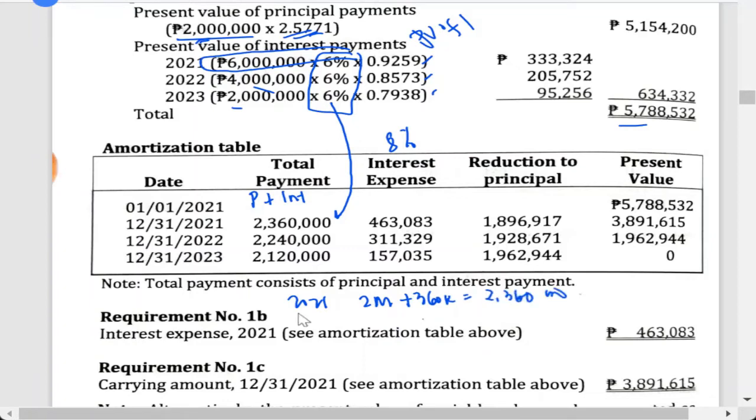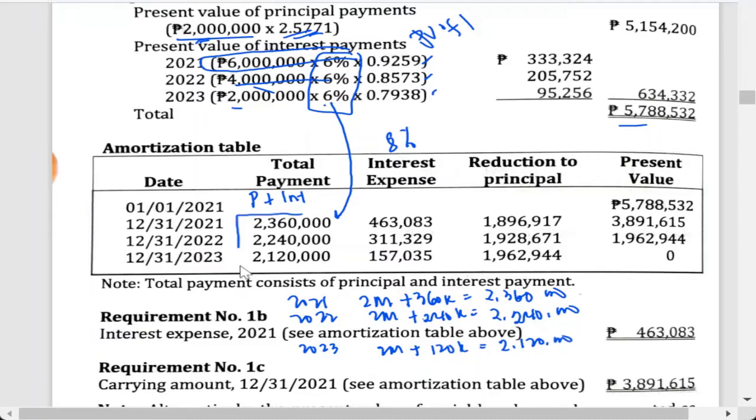For 2022, so na 2 million again plus 4 million times 6%, that's 240,000. So 2,240,000. And for 2023, that's 2 million plus 2 million times 6%, so 120,000. So 2,120,000. So mani siya ang total payment.